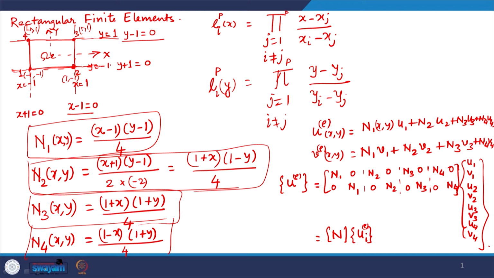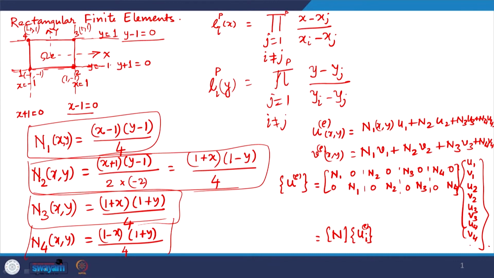So, N1 is a function of x y within the element domain omega e, and for node 1 and node 2, similarly node 2, node 3, node 4, and these are the nodal values of the primary variables u1 and v1, displacement along x and y directions, and together they give us the desired approximation for the primary variable, variation of the primary variable within the element, u as a function of x and y.